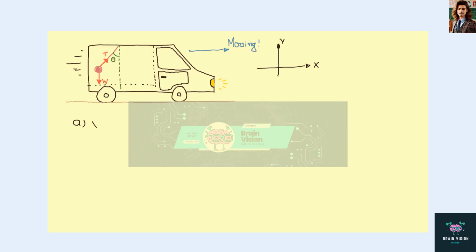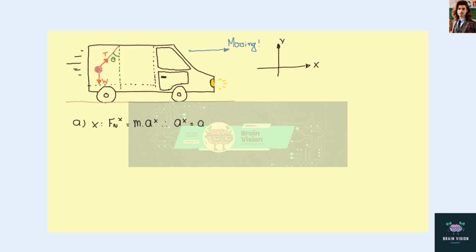By doing that on the x-axis, and applying Newton's second law to the ball that is hanging, we get that the net force in the x direction on that ball is equal to the mass of the ball times its acceleration in the x direction. First, notice that the acceleration of the ball in the x direction is equal to the acceleration of the van in that direction.